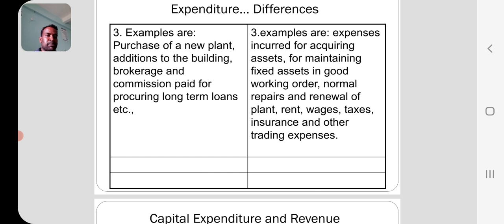Examples of revenue expenditure are expenses incurred for maintaining fixed assets in good working order, normally repairs and renewals of plant, rent, wages, taxes, insurance and other trading expenses.